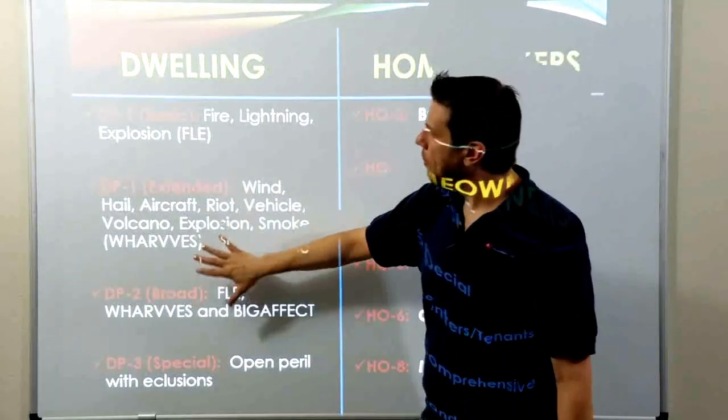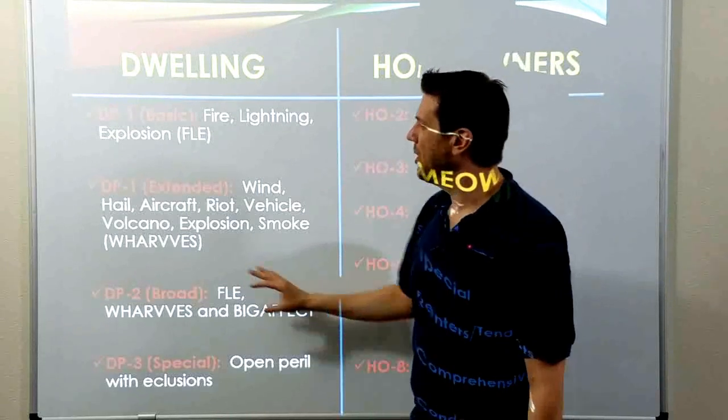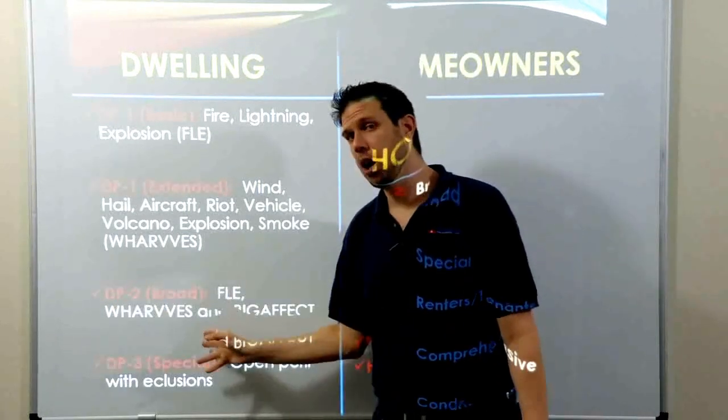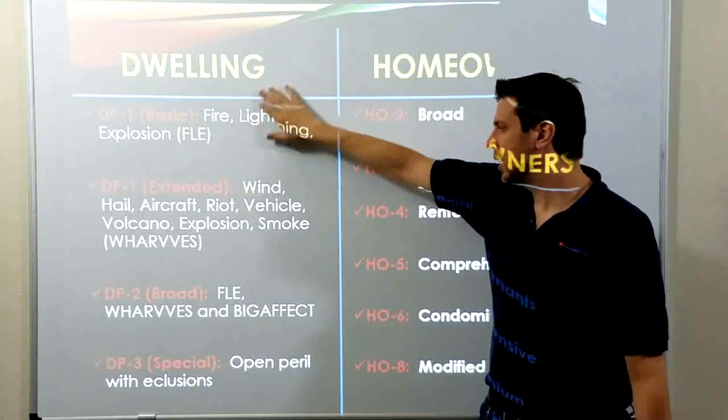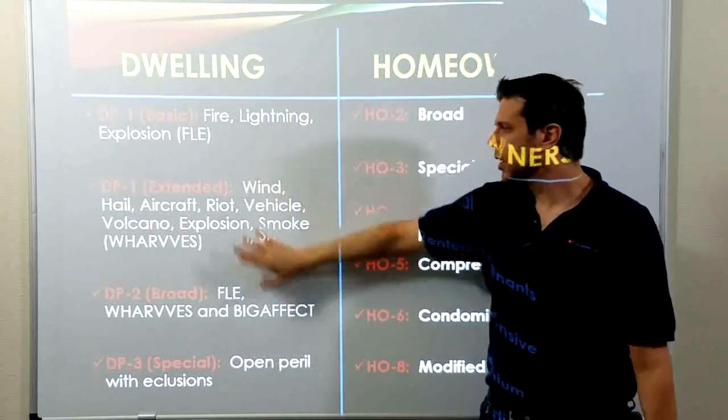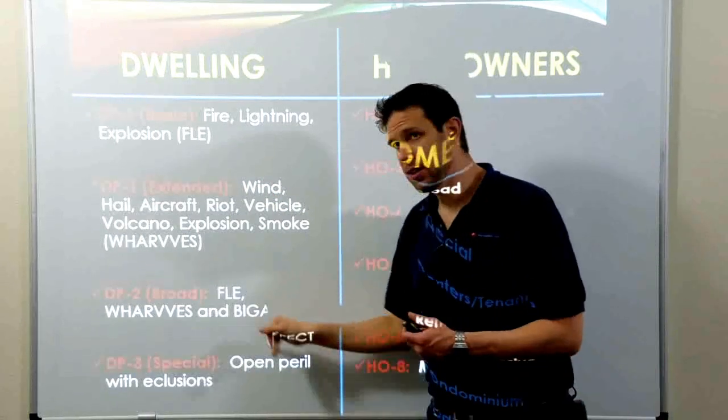If you want a better policy, you can go up to a DP2, which is broad. Broad covers everything basic does and the extended perils, and also covers BIG EFFECT.